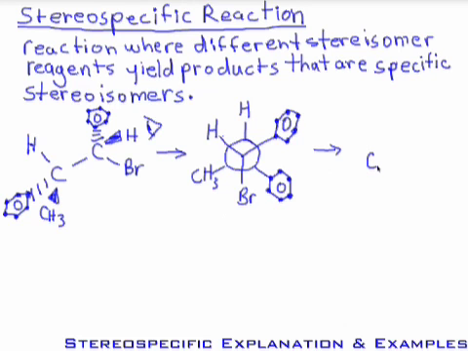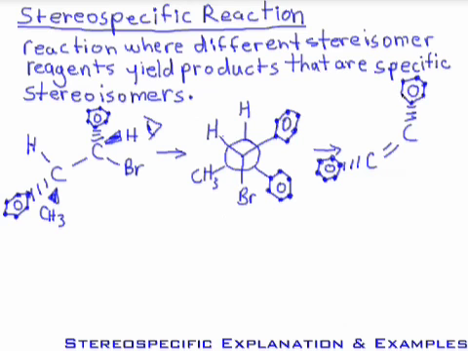When the C double bond C forms, my phenyl and my other phenyl are all going into the board.